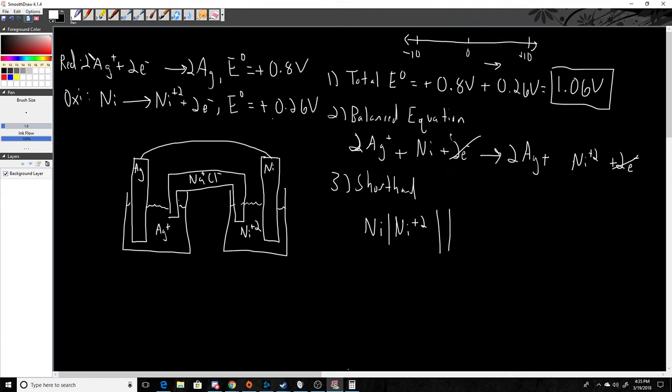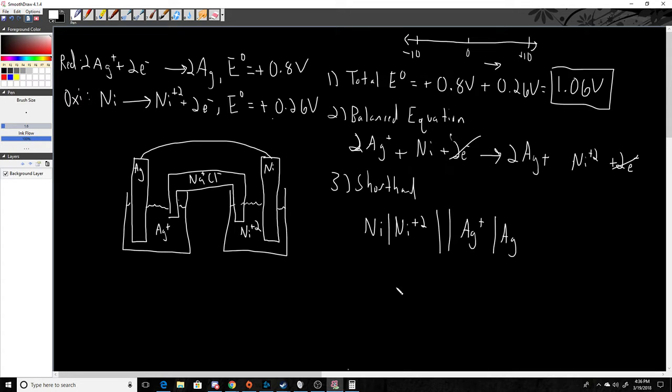In the other beaker, I have the silver that's starting charge. So I'm starting with a positive 1 silver, and it's becoming the neutral silver. That right there, that's the shorthand for this electrochemical cell. With this information, I can actually figure out the rest of what's going on here.